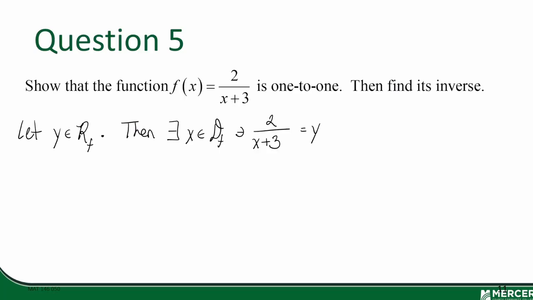It says the exact same thing as the previous example. I just worded it differently. And then as before, our goal is to find that input, that x. This time we are going to have to cross multiply. 2 equals y times x plus 3. Distribute that y through.